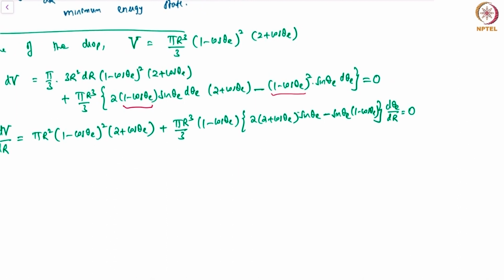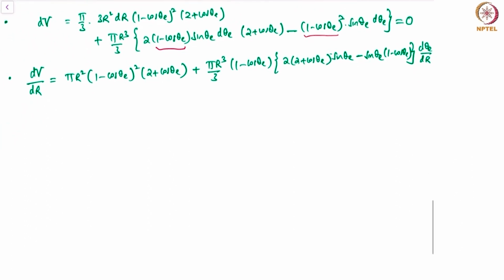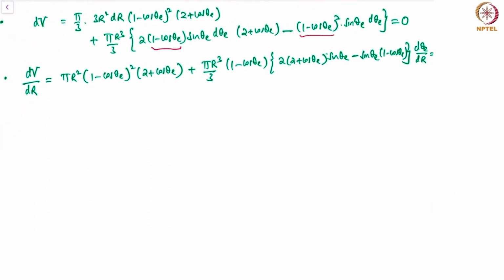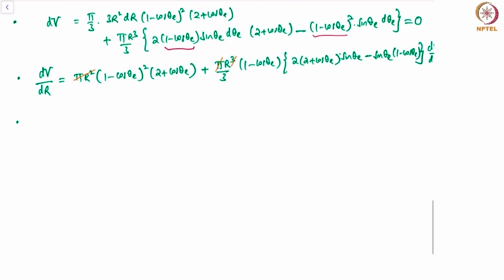Right? So we can straight away see some simplifications that are possible. Cancellations are possible. If I set this whole quantity to 0, then pi r square will cancel out. The 2 r's are gone there, and what I'm left with is 1 minus cos theta e. I can also cancel out 1 minus cos theta e.